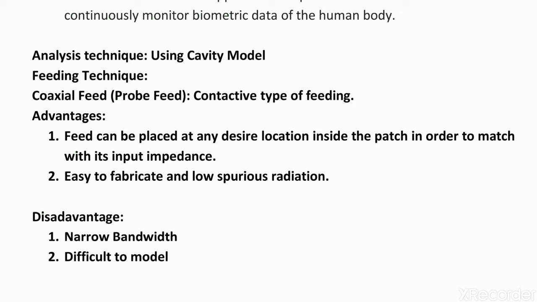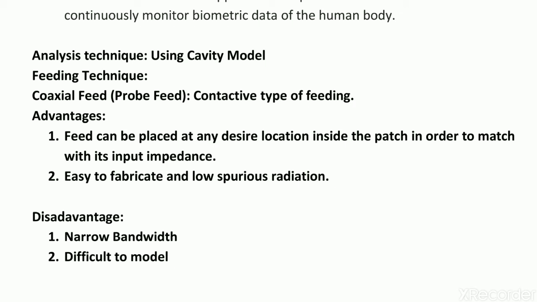So let's move forward to the feeding techniques for the circular patch antenna. As we know, there are two types of feeding techniques, that is contacting and non-contacting. In the contacting type there are two types, that is microstrip line feed and coaxial feed, which is also called probe feed.